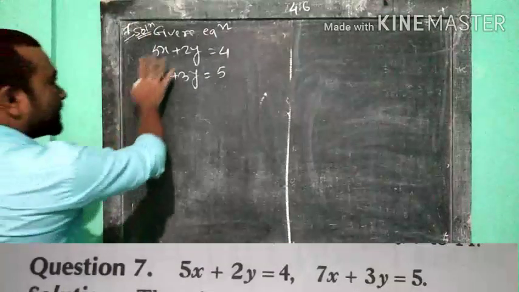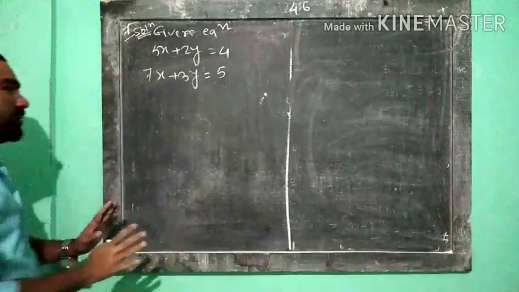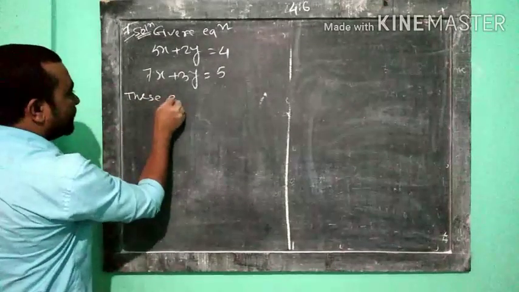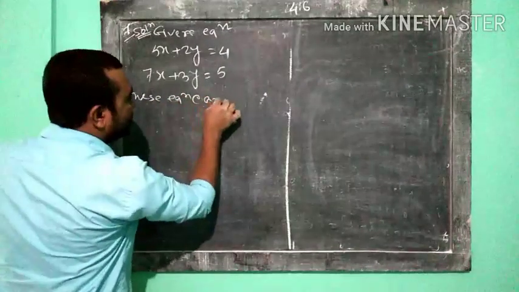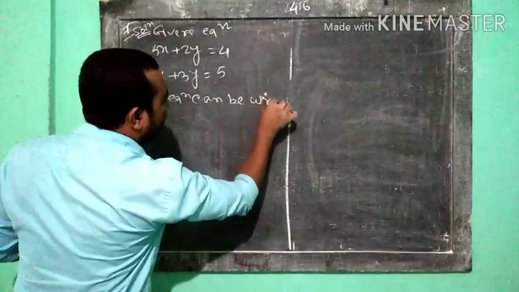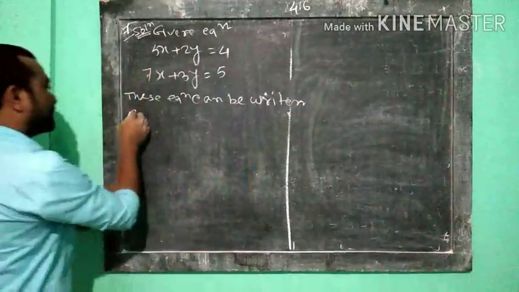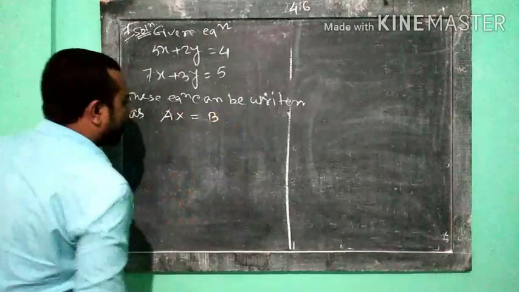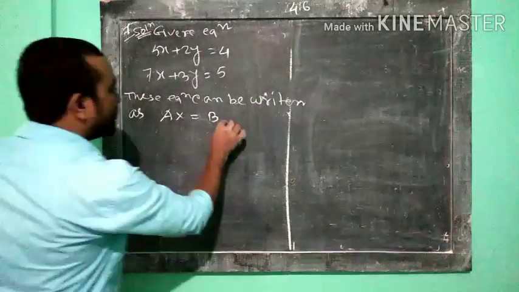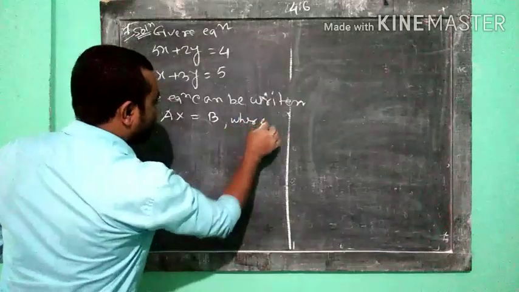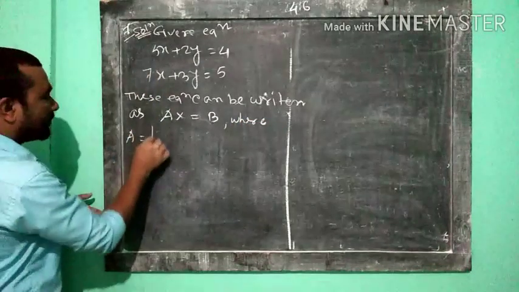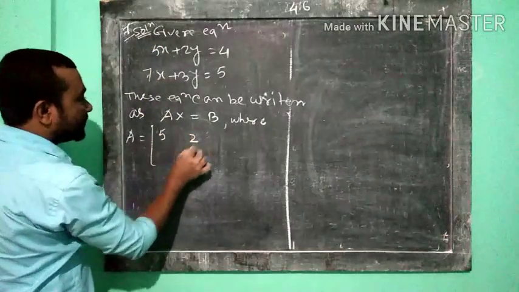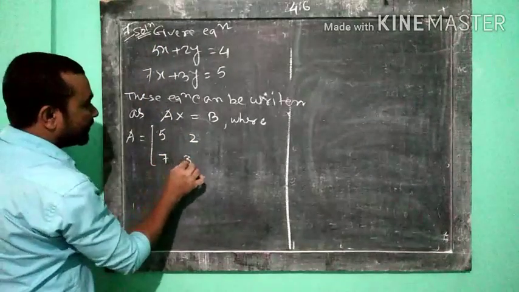This equation can be written in matrix form as Ax equal to B, where A is the matrix of coefficients of x and y: 5, 2, 7 and 3.